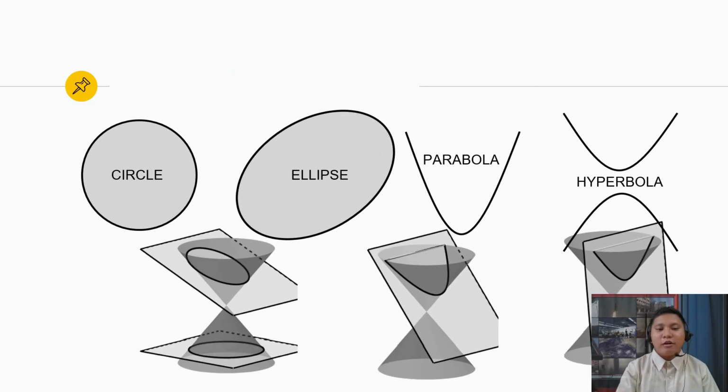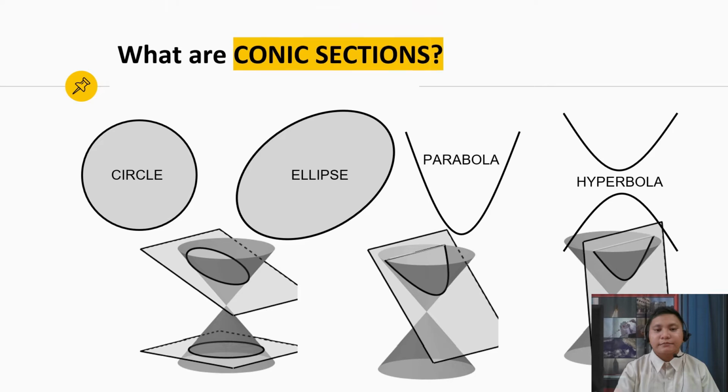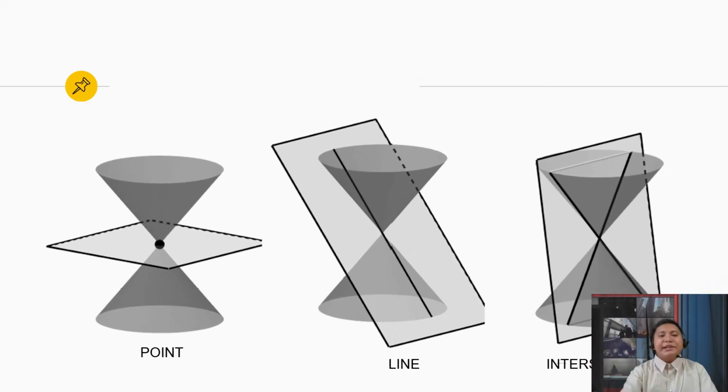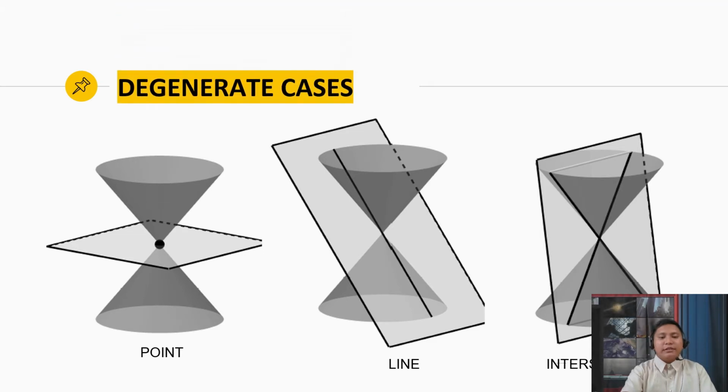This is how in lesson 1 they are illustrated. These are the 4 conic sections. In lesson number 1, you have learned the 3 degenerate cases. These are point, line, and intersecting lines.